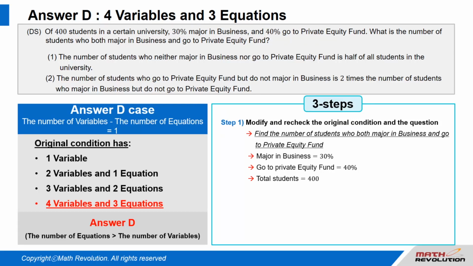Just reading this question makes you feel depressed, right? But no worries. All you have to do is practice making a table like the one below. This is the modification, which is the first step of the variable approach.